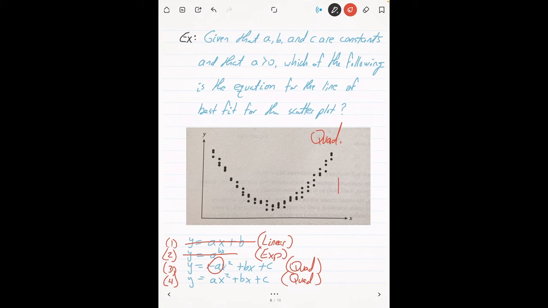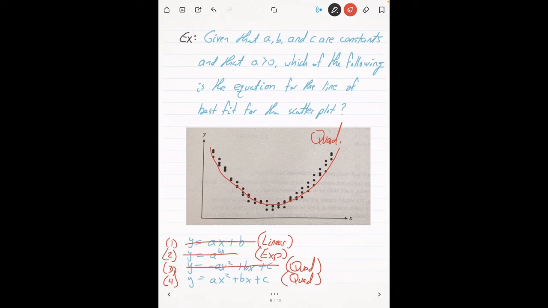If it was negative, your parabola would open downward. Since we're opening upwards, I'm going to say number 4 is the correct solution here. This would be the format of the equation we would want for the line of best fit because it's quadratic and because it's opening upwards.